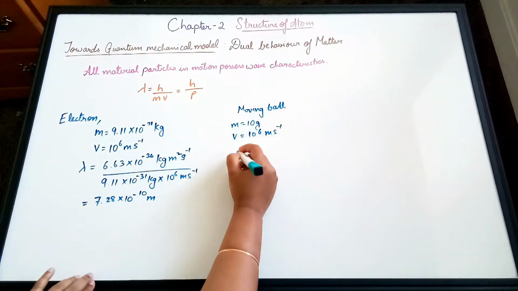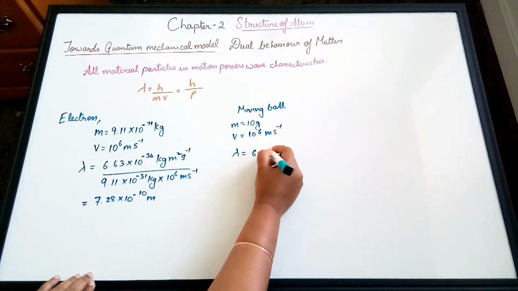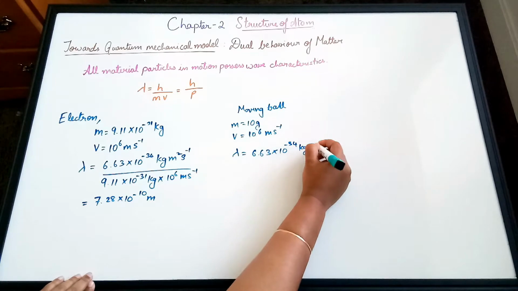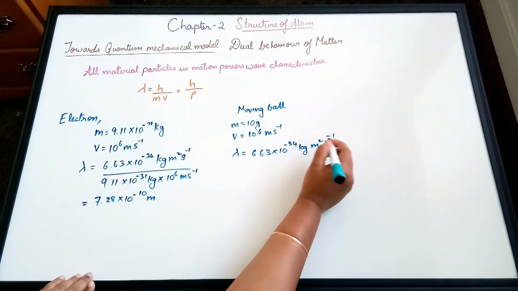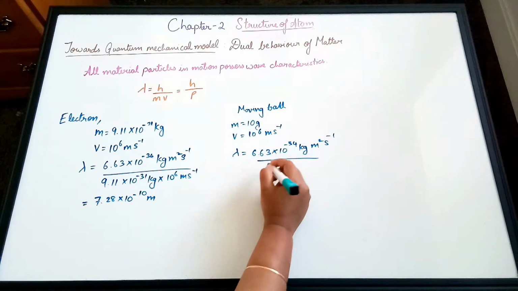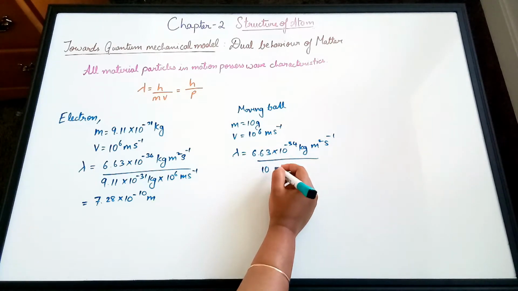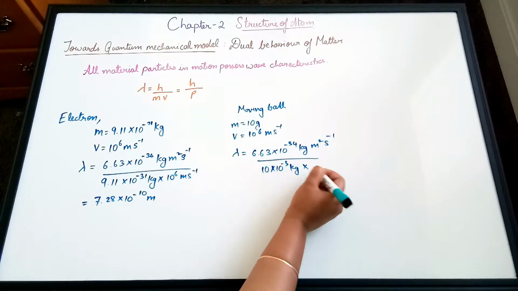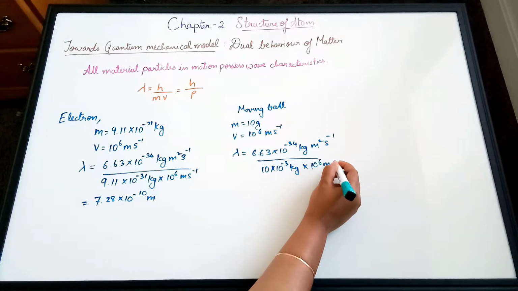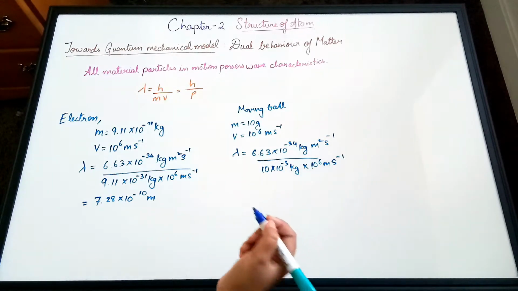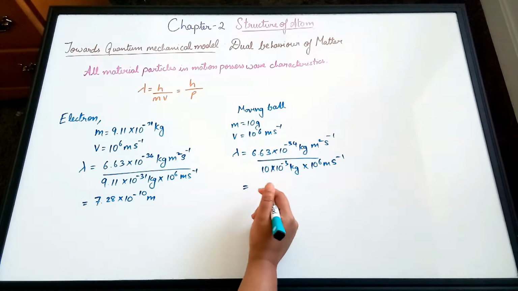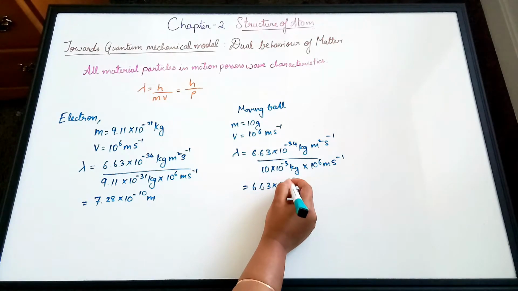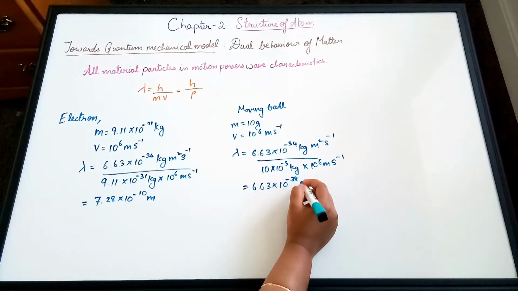Now when you have to calculate lambda, 6.63 into 10 to the power minus 34 kilograms meter square second inverse divided by 10 into 10 to the power minus 3 kilograms into 10 to the power 6 meters per second. So when you simplify this, you get 6.63 into 10 to the power minus 38 meters.